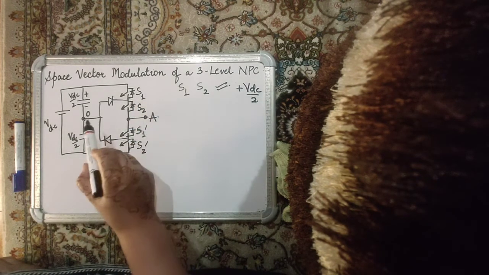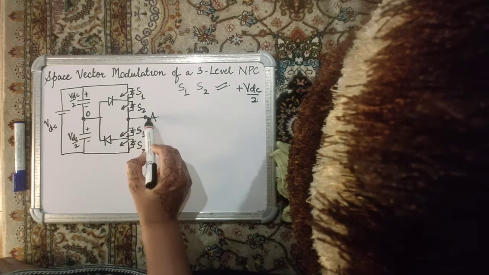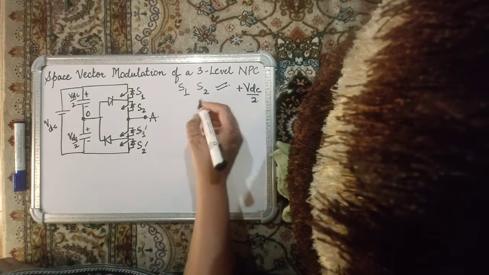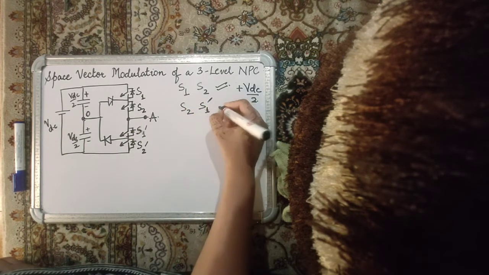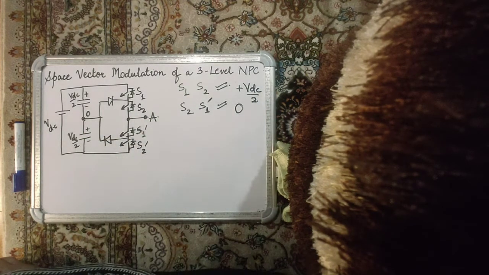In that case, if the current is positive, then the diode and this switch will be active, such that VAO will be a short circuit. Whenever S2 and S1 dash are both given a pulse, the pole voltage VAO is 0.